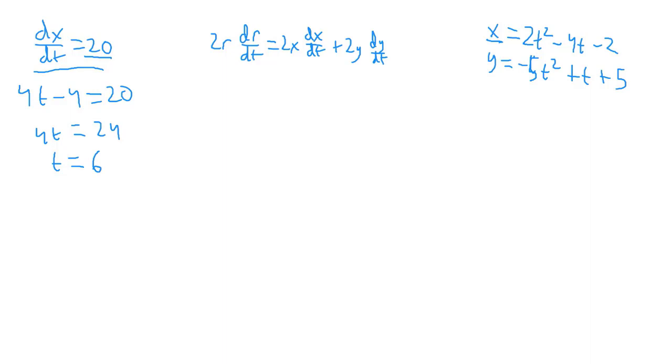Because we figured out our t, we can figure out our y, and given x and y, we can figure out our r. We can figure out our dy dt, and essentially everything except dr dt directly, which of course we need as our final answer. So dr dt is the change in the total distance with regards to time, where r is the total distance between the two boats.